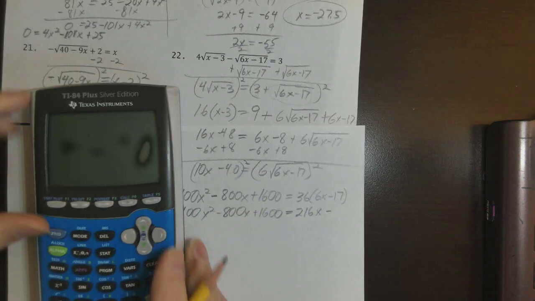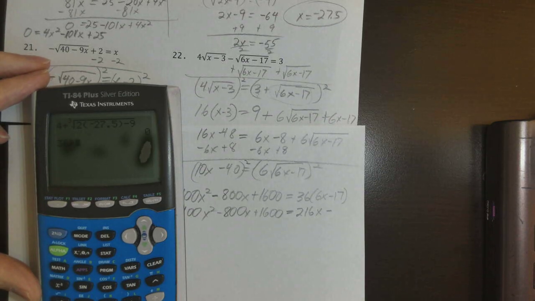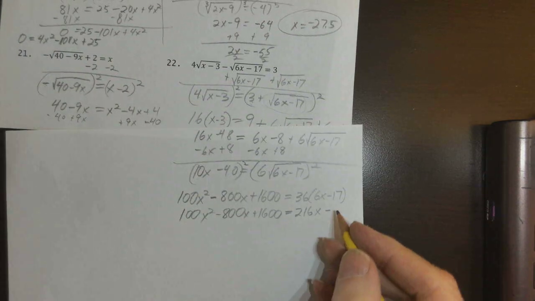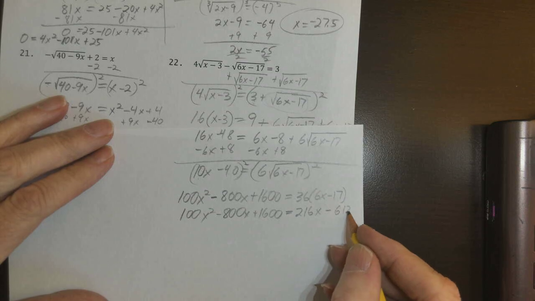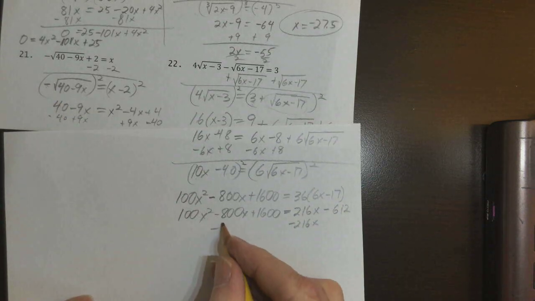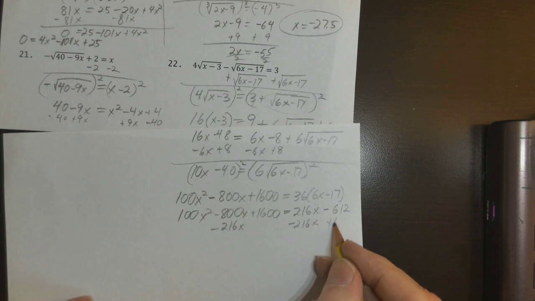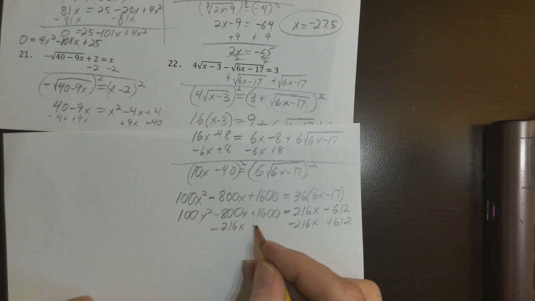I hope I haven't made a mistake prior to that. 36 times 17, 612. Let's subtract 216x from both sides.